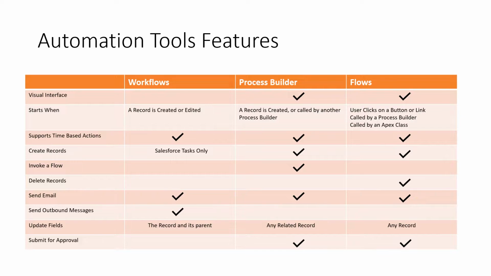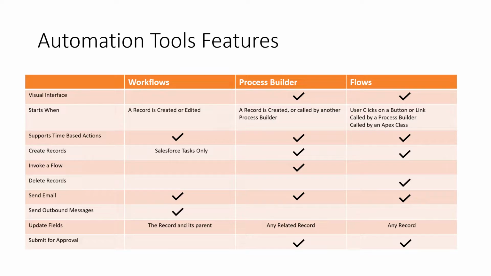You can start either workflows, process builders, or flows when a record is created or edited. This means that when you create a record, an incident, or service request, a task, a problem, or any other custom object you may have, you can trigger a workflow, a process builder, or a flow. A flow, which is a very, very advanced automation tool, can be triggered either by another process or by an Apex class or by clicking a button or a link.